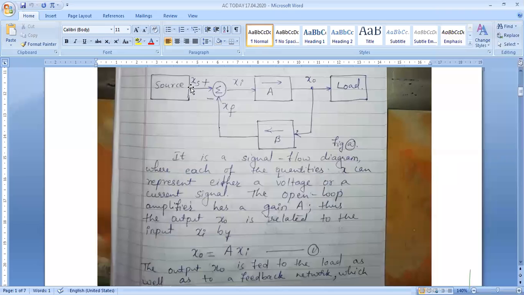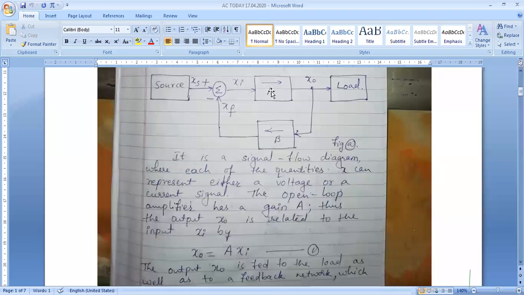It can be either current or voltage. Depending upon what feedback network you are going to design, accordingly these values will be either current or voltage. Now first let us derive the expressions for a general amplifier. Whether it is current or voltage, we don't know.